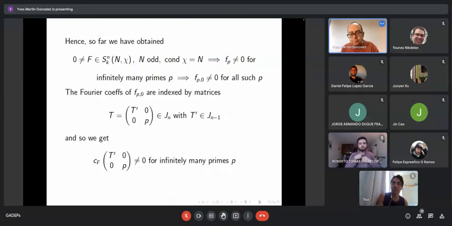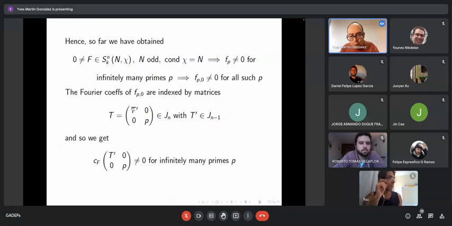But now, the Fourier coefficients of this theta component f sub p0 are indexed by matrices of this type: a block, an n minus 1 block, T prime, and last column equal to 0, except in the last place where it's p.